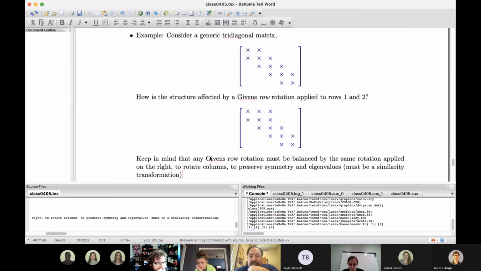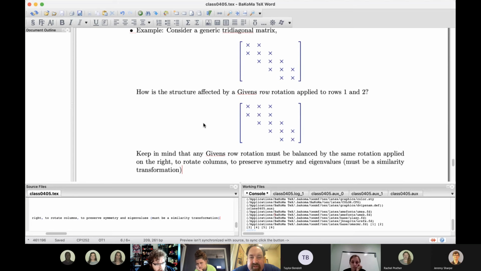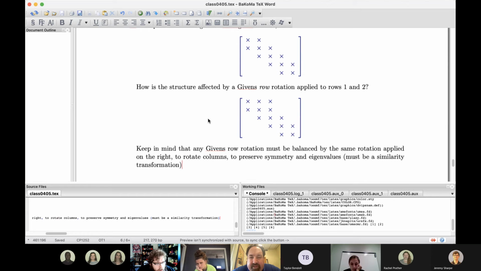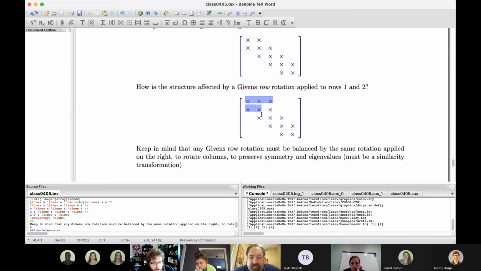Now, a Givens rotation is orthogonal, so that means you're multiplying on the right by the transpose. So what would happen is, if you now apply a rotation on the right, it would be applied to columns 1 and 2, and that will introduce a non-zero entry right here in the 3-1 position.